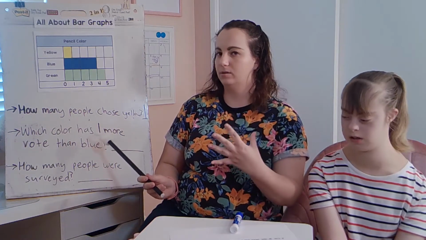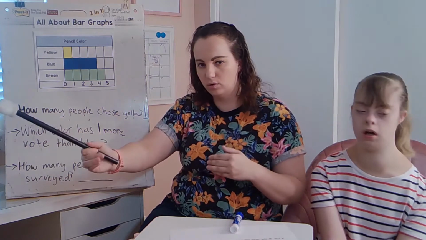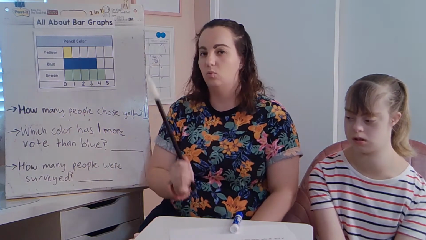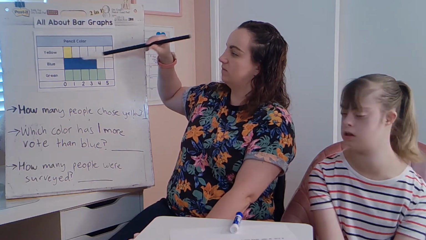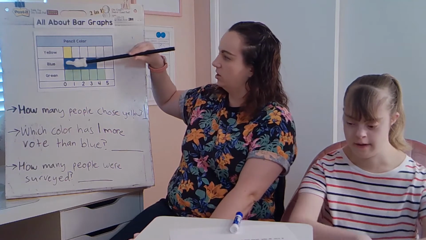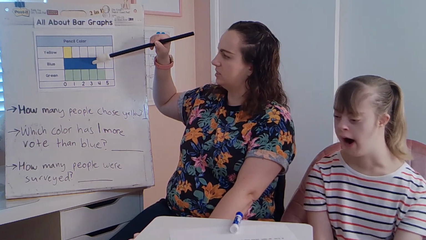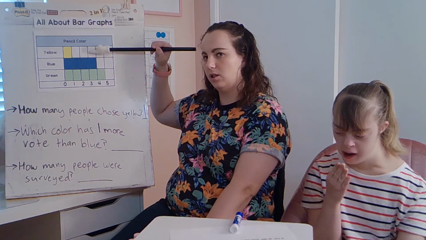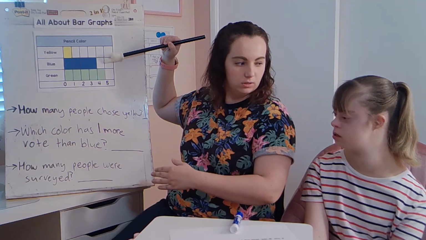I'm looking for a color that has one more vote than blue. We better go look at blue and use the visuals, or what we're able to see on the graph, to help us solve this. We see blue here. Now we have to see which color, yellow or green, has one more vote.